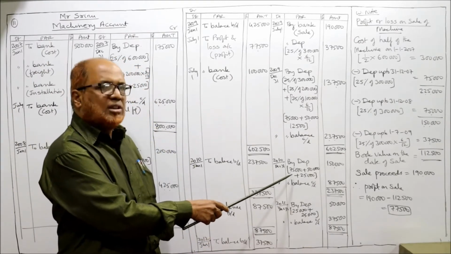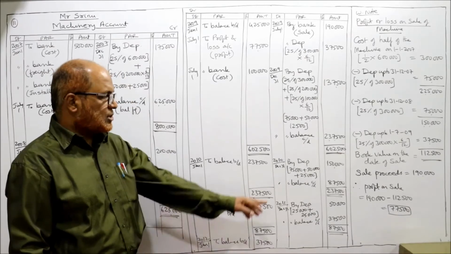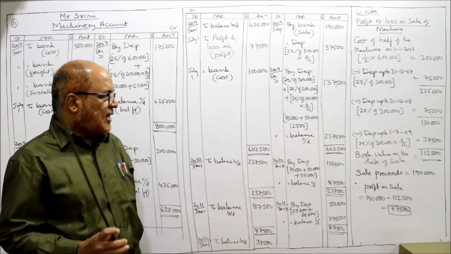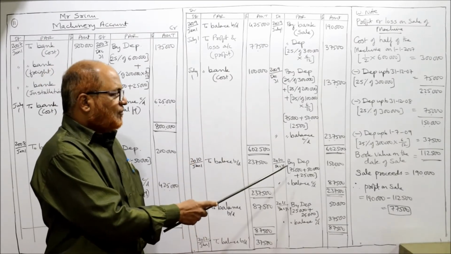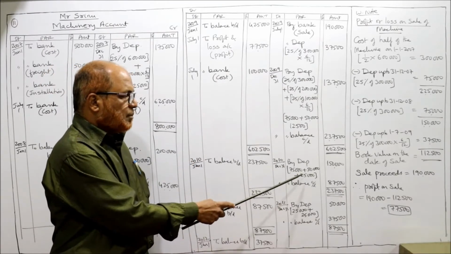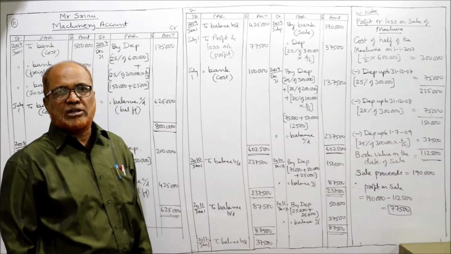Second machine depreciation is 50,000. And third machine depreciation is 25,000. So 75,000 plus 50,000 plus 25,000, 1,50,000 is the total depreciation.